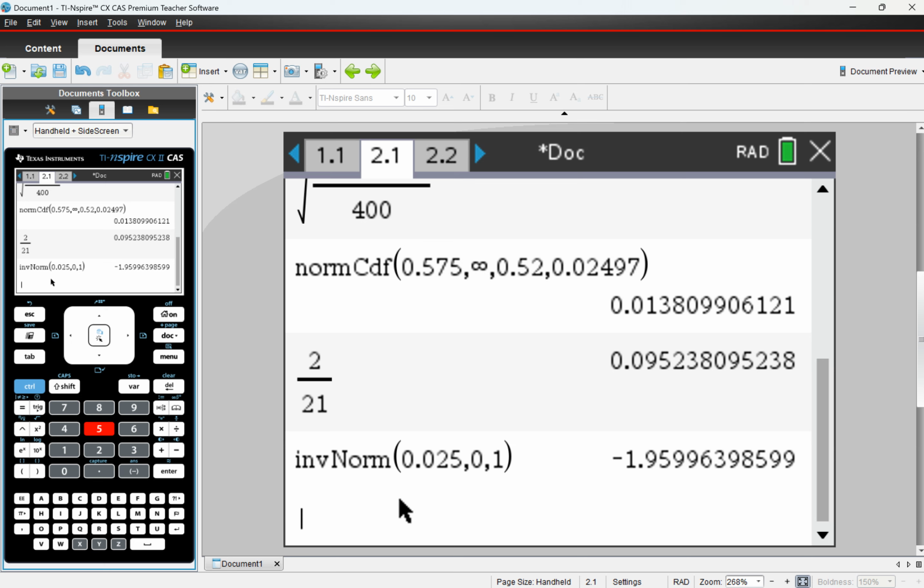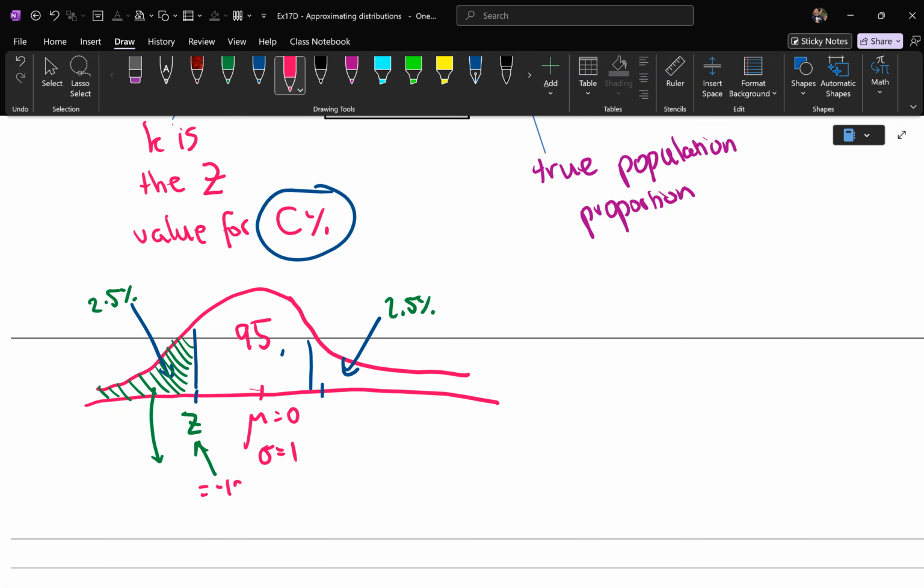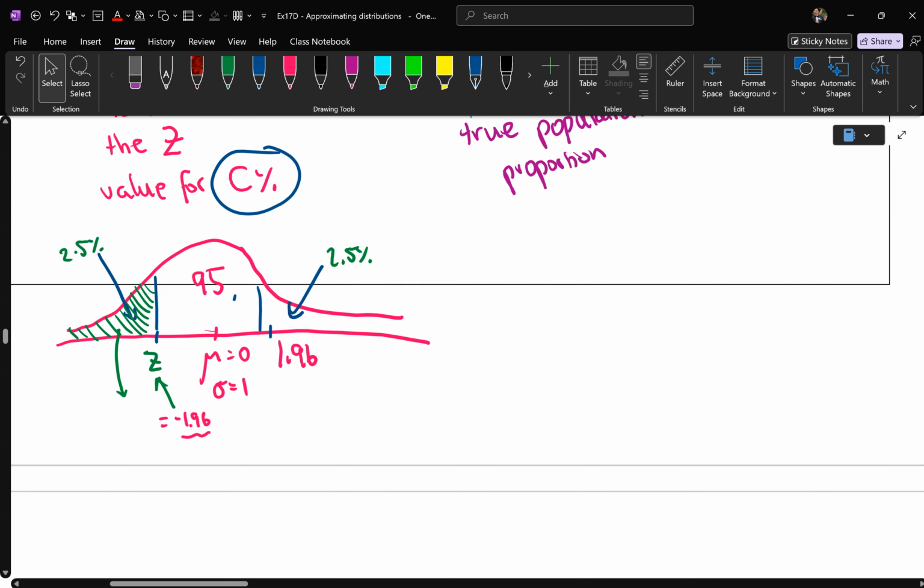It's actually an approximated value of negative 1.95, which rounds off to 2 decimal places as negative 1.96. But because it's symmetrical, if this is negative 1.96, then this one has to be positive 1.96. Now, there is a formula to quickly calculate this. You can type in your calculator inverse norm, copy this down.